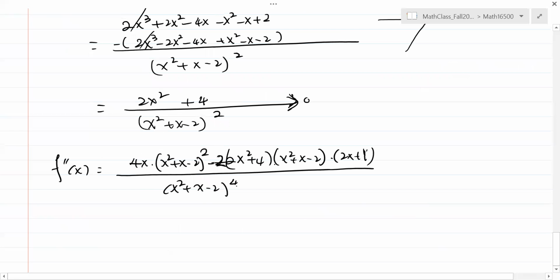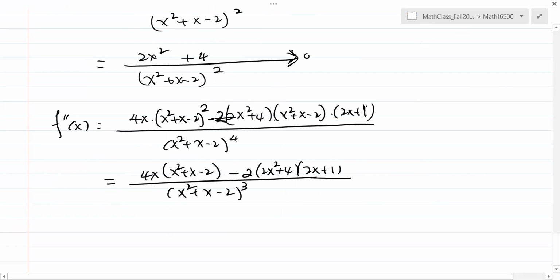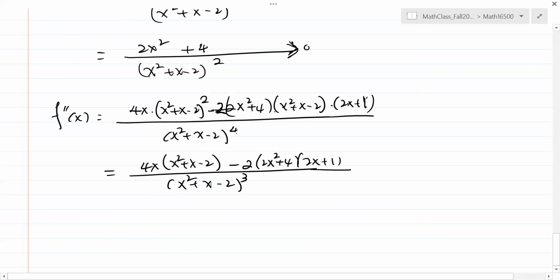Wow, it's difficult, complicated, but at least you cancel one term. You get 4x, x squared plus x minus 2, minus 2, 2x squared plus 4, and a 2x plus 1. So let's multiply this out. 4x cubed plus 4x squared minus 8x. I have 4 terms here.